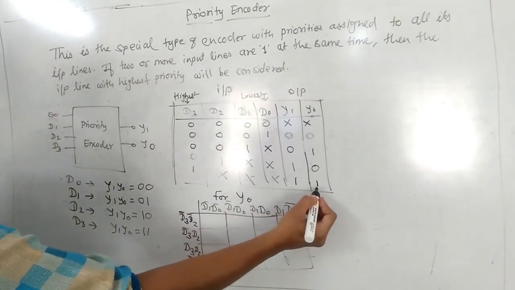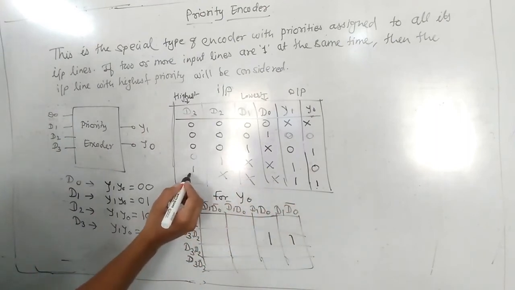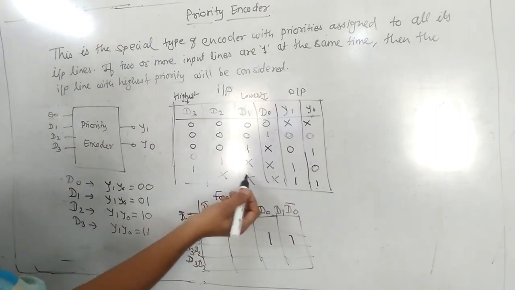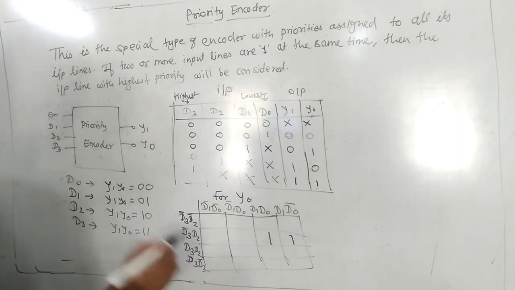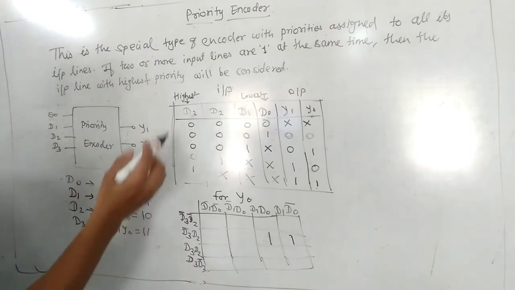Next, for the input combination, D3 must be 1 and D2, D1, D0 may be 0 or 1, but D3 must be 1. So these are the two rows where D3 is 1, and D2 is 0 and D2 is 1. We don't consider the status of D2, we just check D3 is 1.